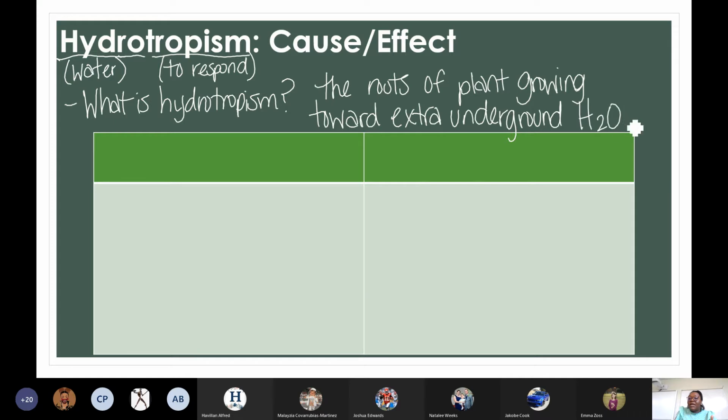Notice the chemical symbol Ms. Neville's using, H2O. So we're going to create a cause and effect chart today, and we're going to be drawing some pictures together.